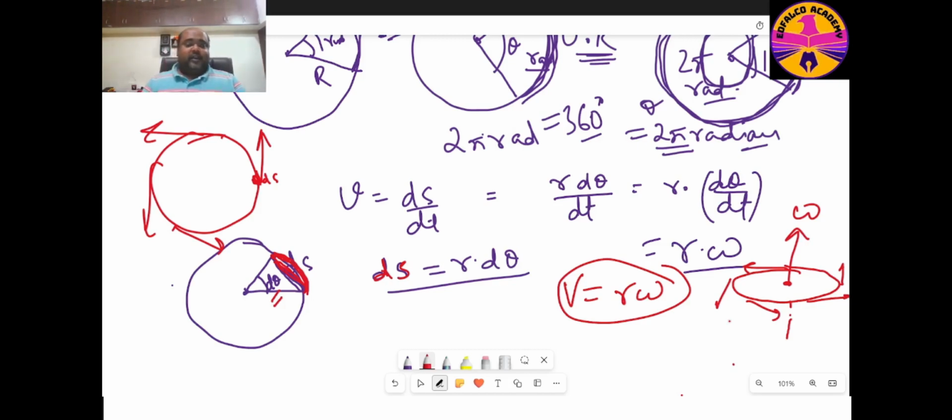In case of velocity, it was just the magnitude which was constant, but in case of omega, both are constant: the direction and the magnitude, which is equal to v by r, the magnitude of v divided by the radius of the circle. So it's indeed a constant vector in the case of uniform circular motion. And more on this we will study, as I said, when we study the vectorial representation of the equations.